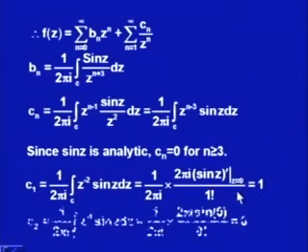So, this is c_1. Similarly, c_2 will be the integral of z raised to minus 1 sin z dz, and according to the formula we have 1 upon 2 pi i into 2 pi i into the sine function evaluated at z equal to 0 divided by factorial 0, and sin 0 being 0, this comes out to be 0. So, c_1 is 1 and c_2 is 0.